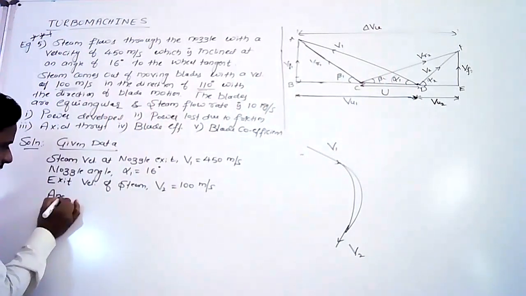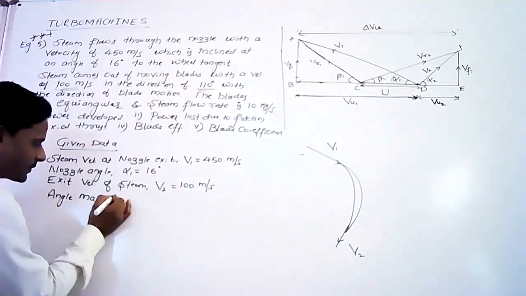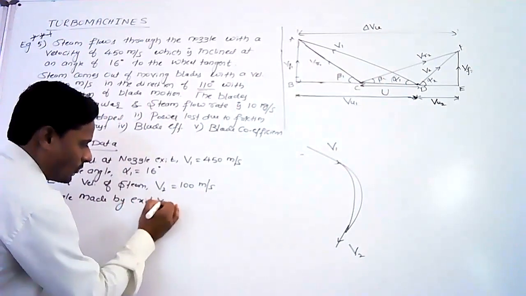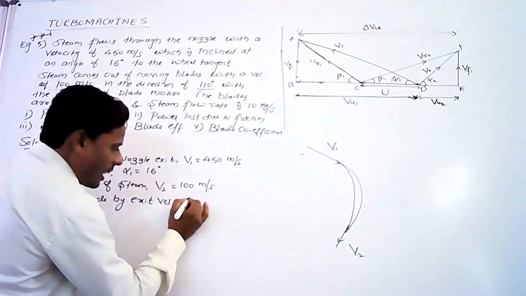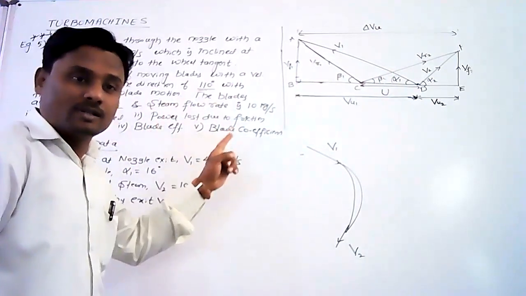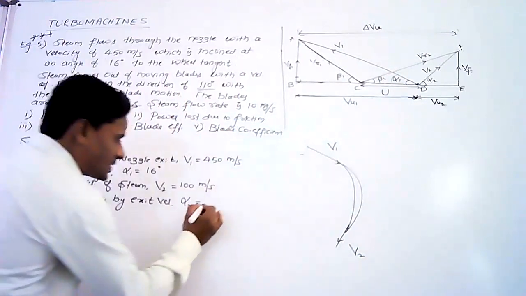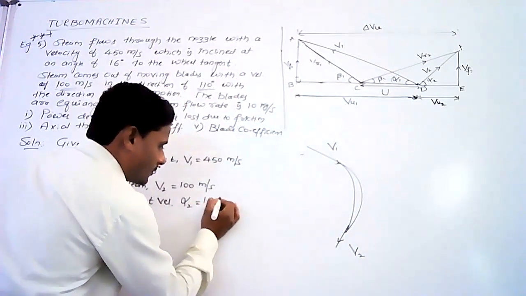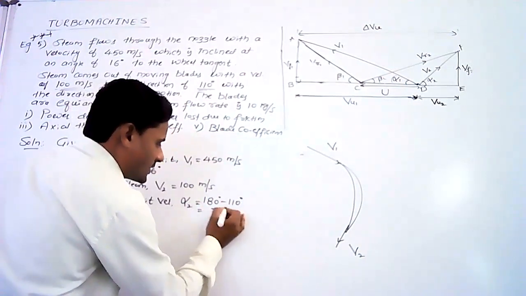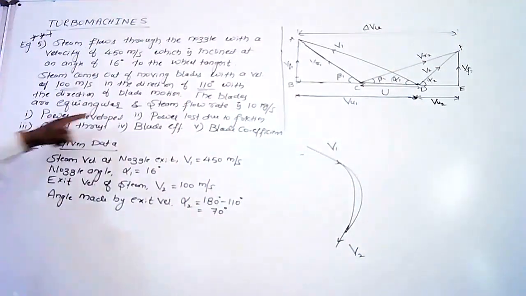The angle made by exit velocity, alpha 2, equals 180 degrees minus 110 degrees, which is equal to 70 degrees. So we have to take alpha 2 equals 70 degrees in the direction of blade.